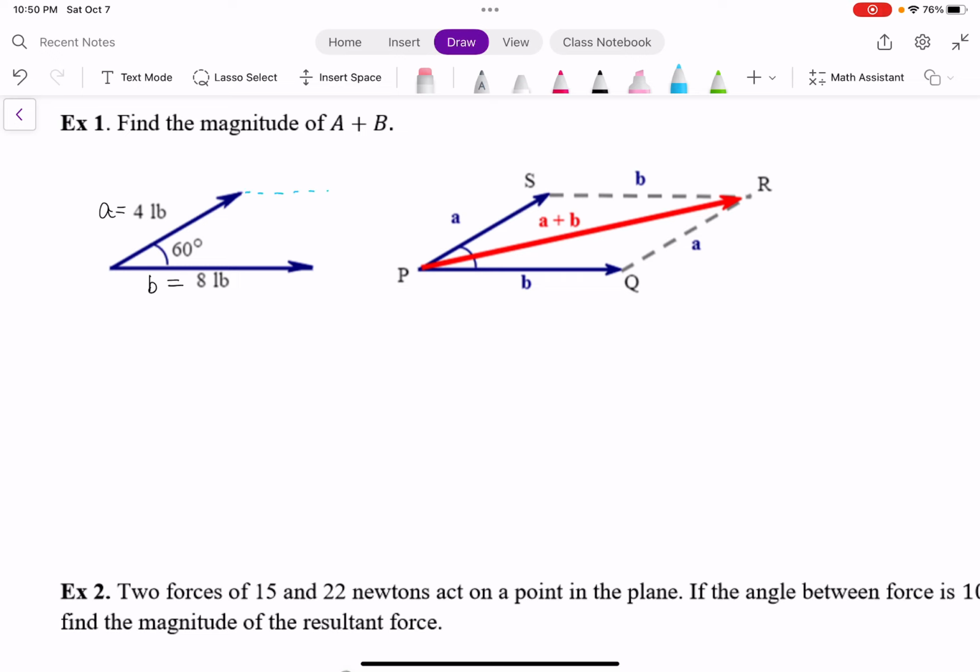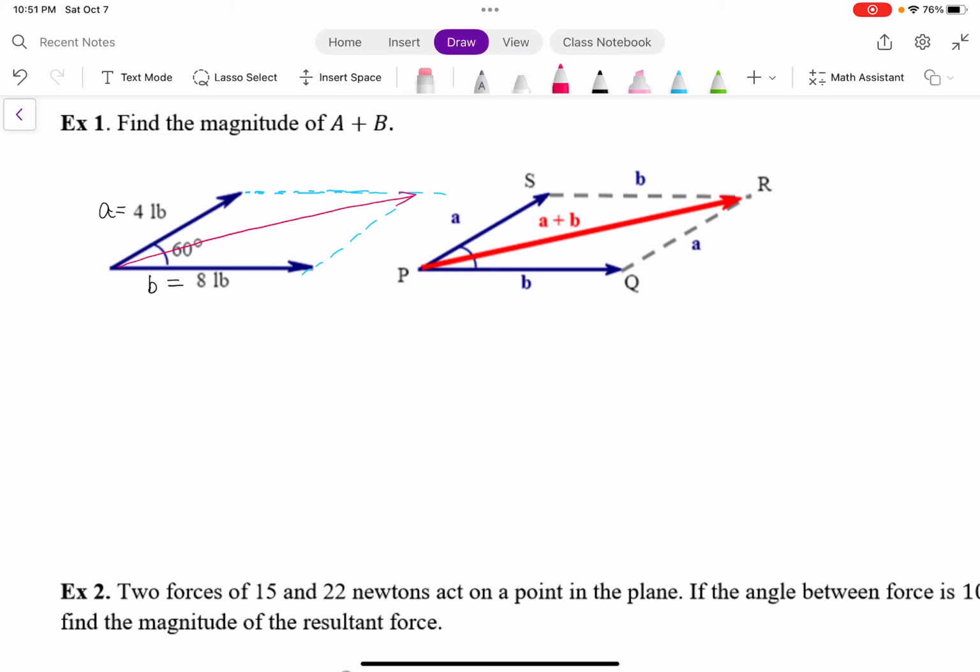We make a parallel line, and then make another parallel line here. So the sum of a and b is the diagonal of this parallelogram. Finding the magnitude of a plus b means finding the length of this diagonal. So let's find the length of the diagonal.